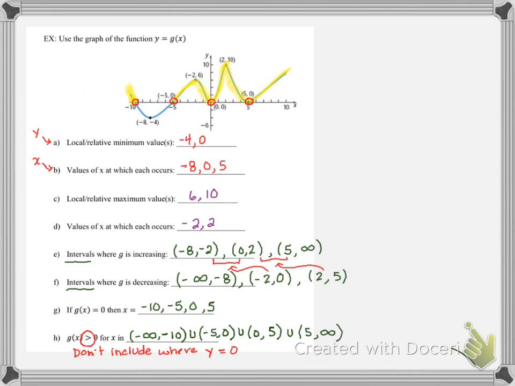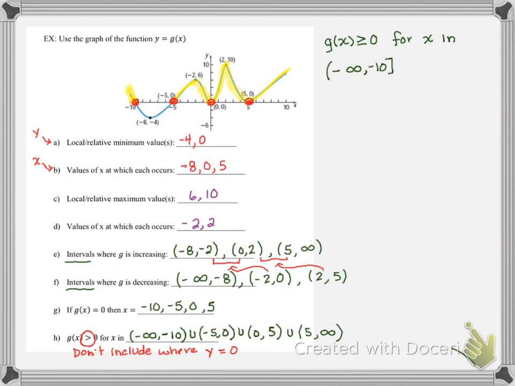So if I had instead asked where g of x is greater than or equal to 0, then we could have included these points that are on the x-axis. So we would say from -infinity to -10, including -10.